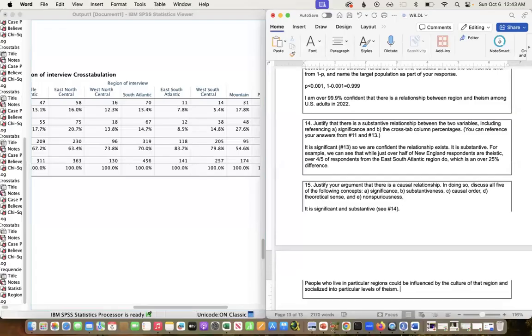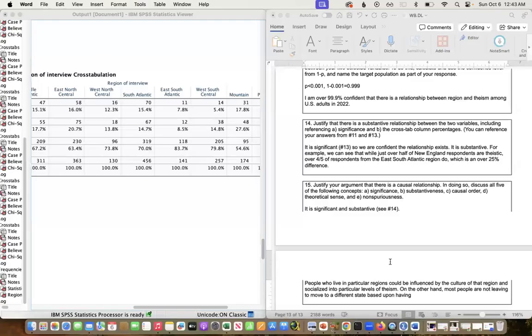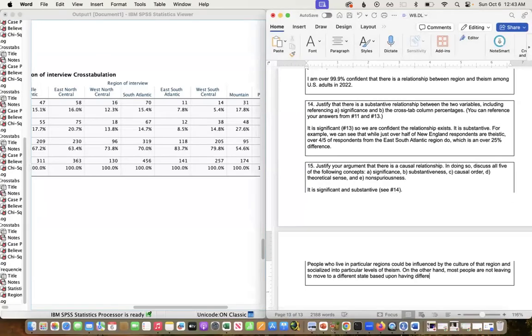On the other hand, most people are not leaving to move to a different state based upon having different theistic beliefs. So I'm saying it's not that your theism is going to change your region, but your region might have an impact on your theism.